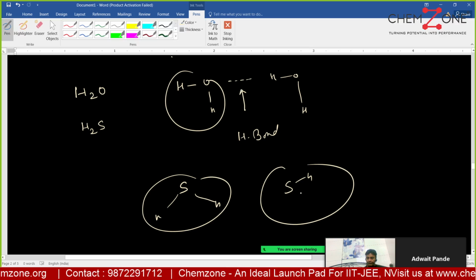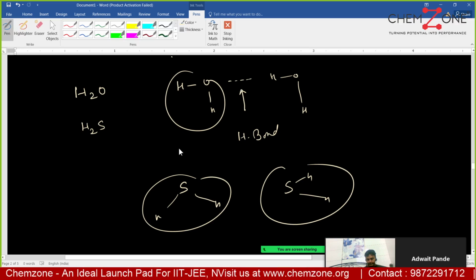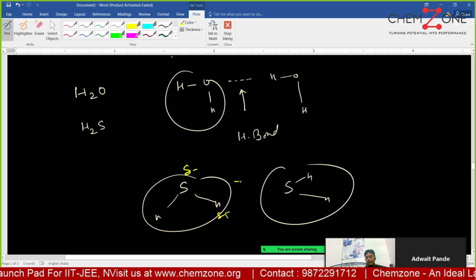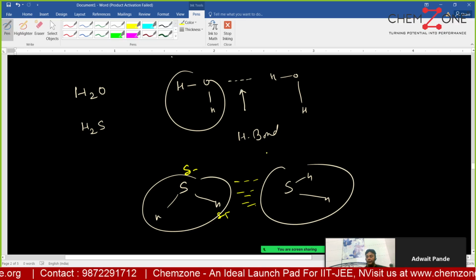Is it hydrogen bonding? But still it has some polarity, right? I can say some dipole-dipole interaction is there. Dipole-dipole is weaker and hydrogen bonding is stronger.